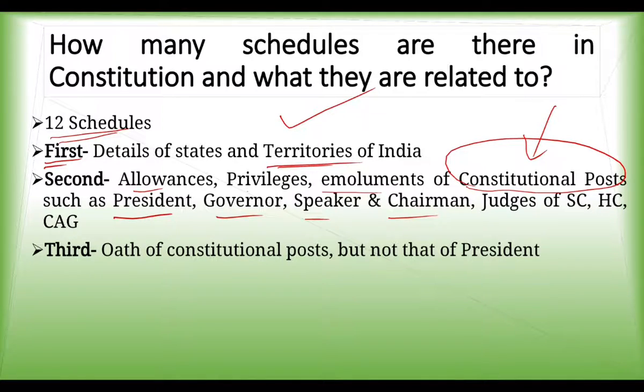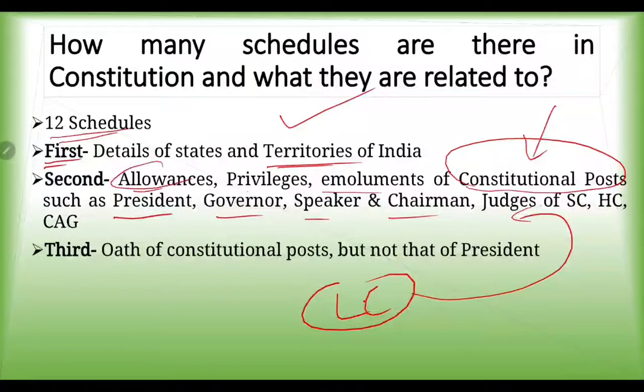At the same time, we also have speakers in the legislative assembly and legislative council in states. So for all of them, the details of allowances, privileges and emoluments are provided under the second schedule.